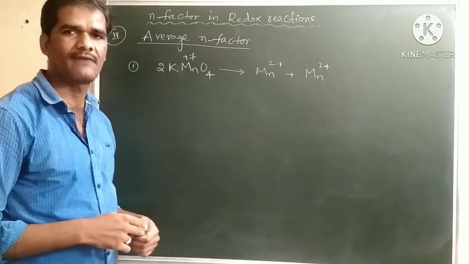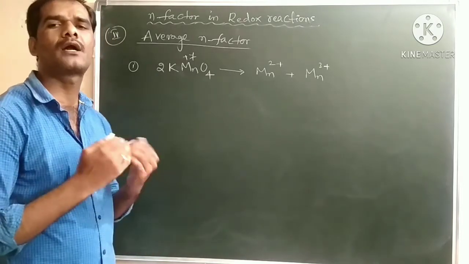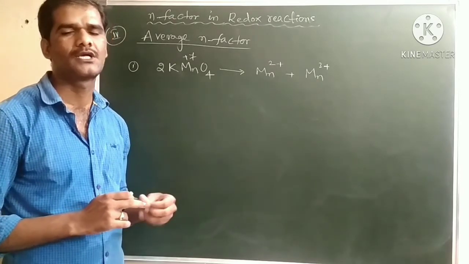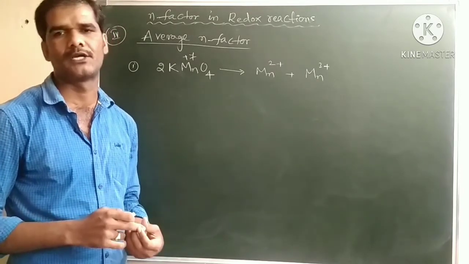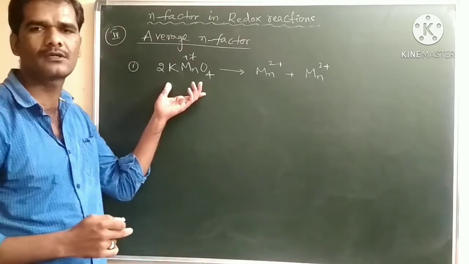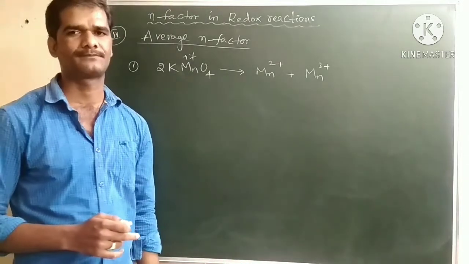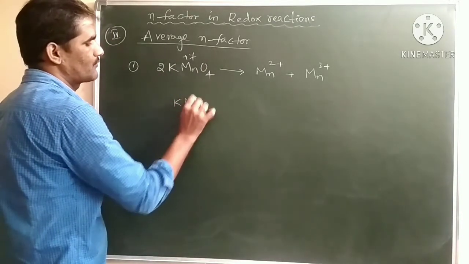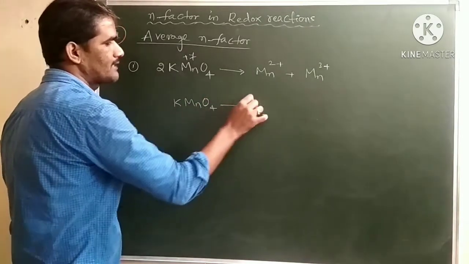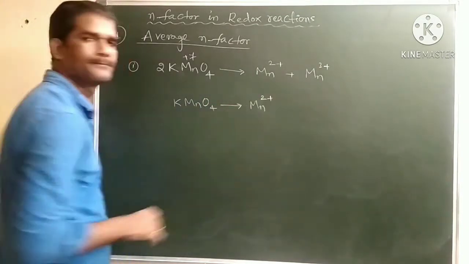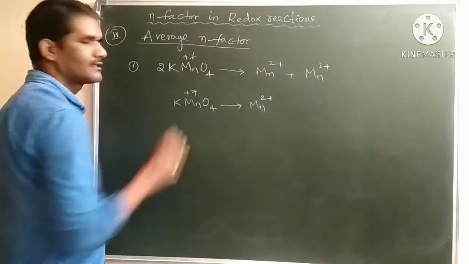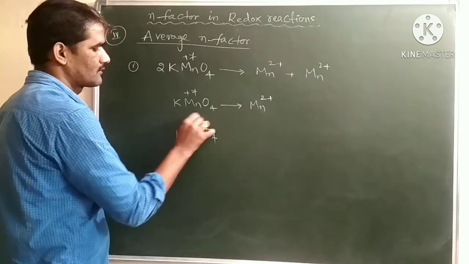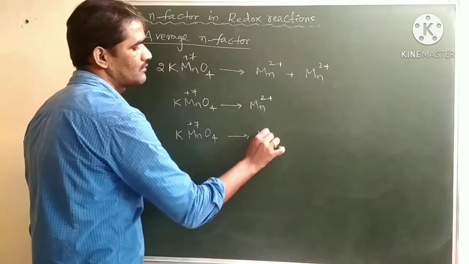So how to calculate this average? Now we have to check again the overall electron transfer per molecule. As usual, N factor definition is the total number of electrons transferred per molecule. So here for MnO4, how many electrons are transferred? Let us take 2 KMnO4: 1 KMnO4 is giving Mn2+, oxidation state +7, and the other KMnO4 is changing its oxidation state to Mn3+.